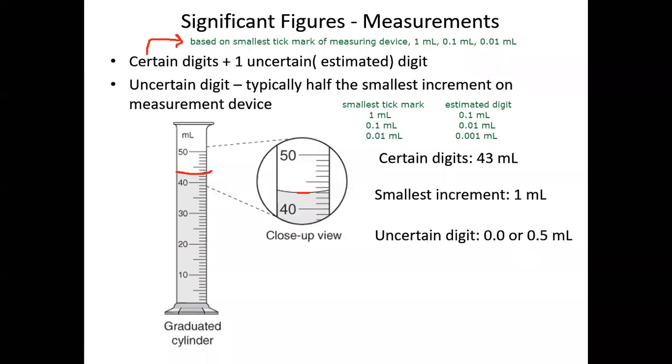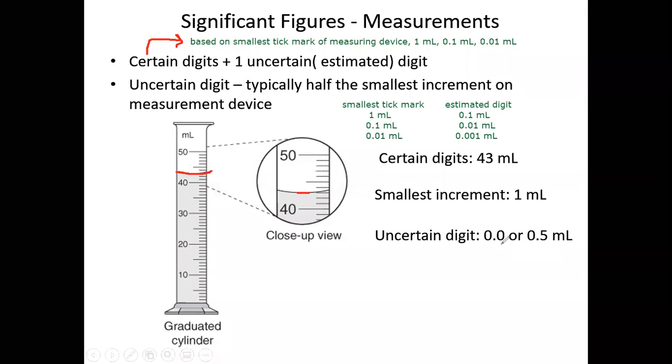Now, typically, and this is just common convention, when you're doing the estimated digit and it's based on a power of 10, like ones, tenths, or hundredths, typically we use either a 0 or a 5.